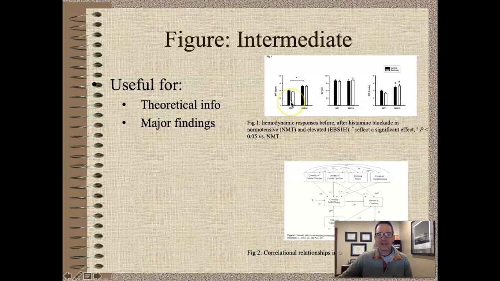But the idea, again, with intermediate figures is to compare groups over time or across different tests, or maybe on the qualitative or the survey side, if you want to show differences based on word categories or survey questions and things like that, you could capture the same intermediate level of data through this sort of figure.